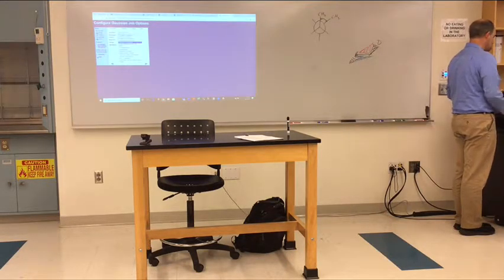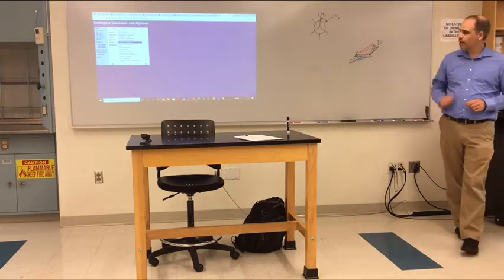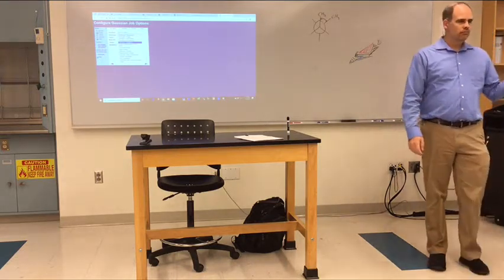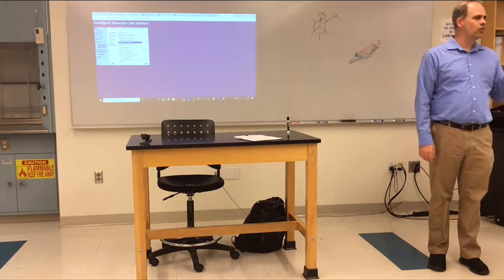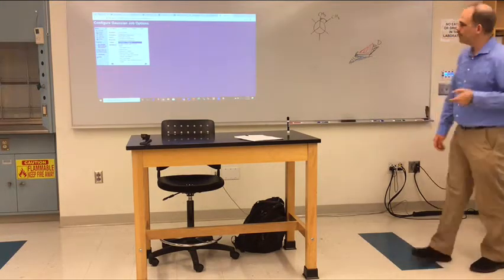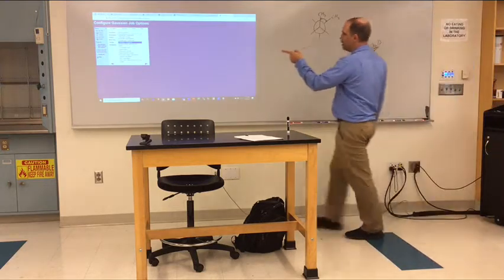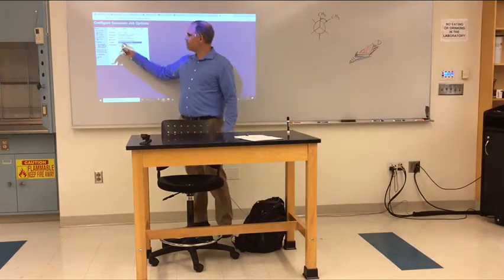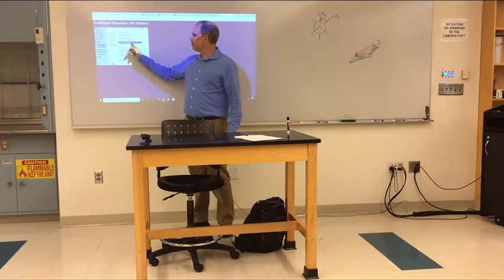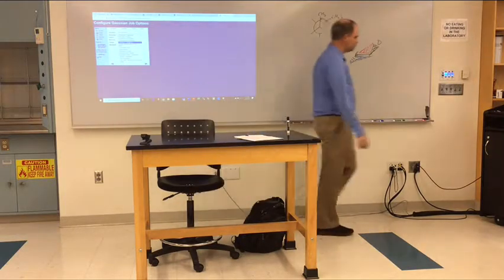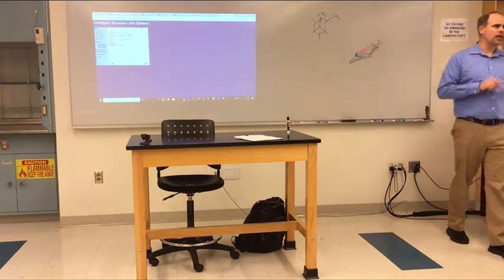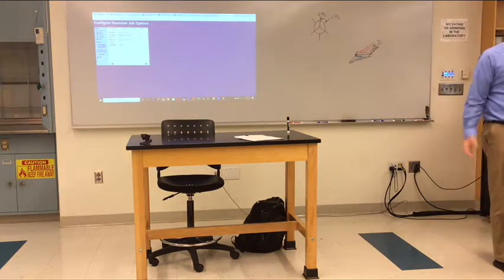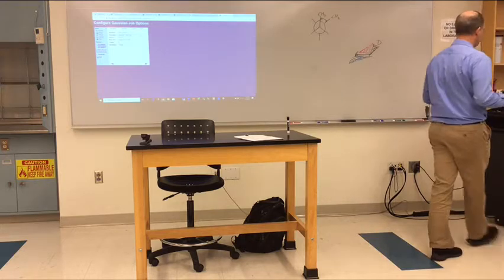Okay, so now, instead of doing the optimization, finishing the calculation, taking the structure and doing the vibration, we're gonna do them in one step. So we click on the optimize plus VibFreak. What that will do is first do an optimization and then do a vibrational calculation all in one step.